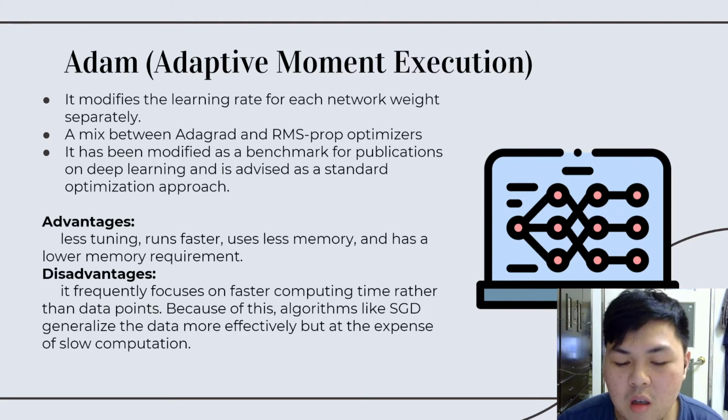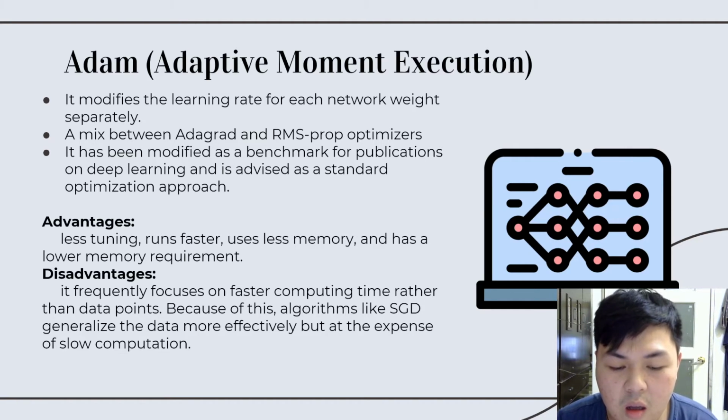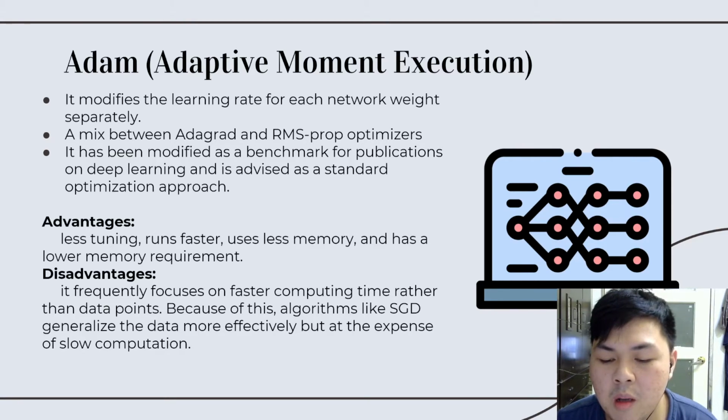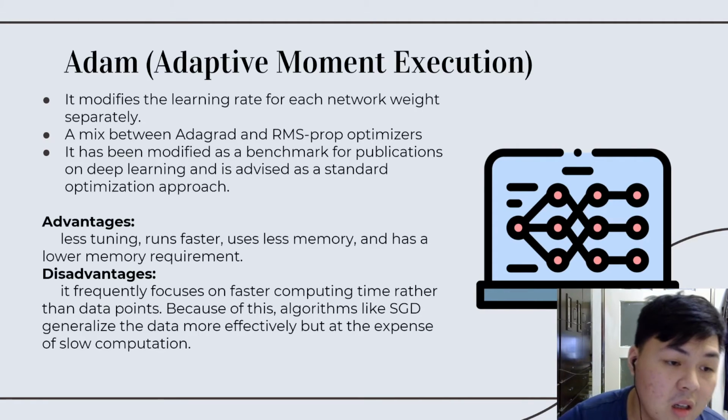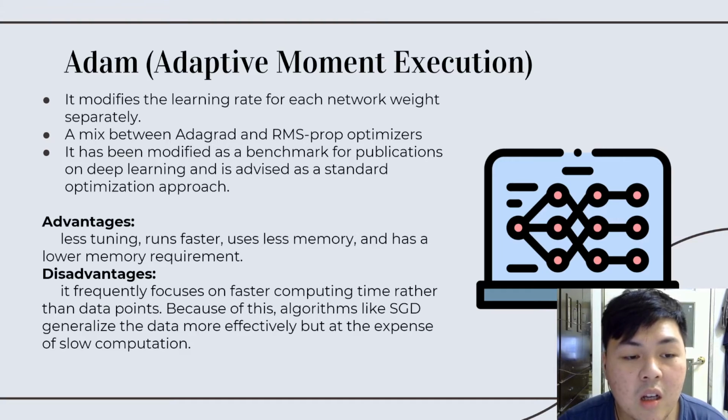ADAM uses both the first and second moments of the gradient to adjust the learning rates, rather than just the first moment, as it does in RMSprop. The ADAM optimizer is commonly used because of its many advantages: it needs less tuning, it runs faster, and it uses less memory, with a lower memory requirement.